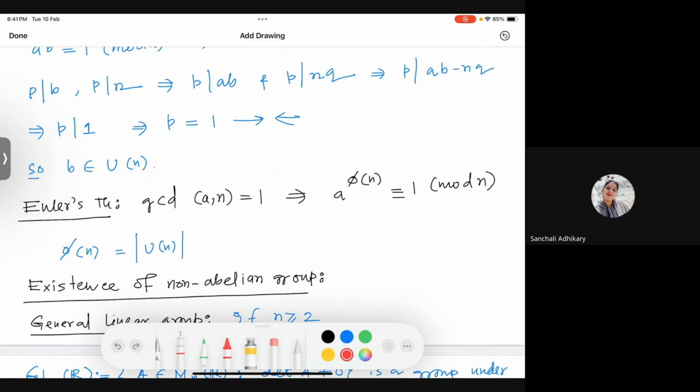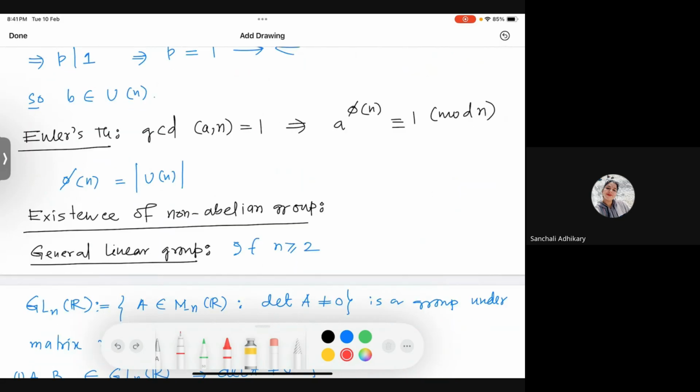But after learning Lagrange theorem, do you know what is Lagrange theorem? The order of the subgroup will divide the order of the group. I mean, order of H will divide order of G.